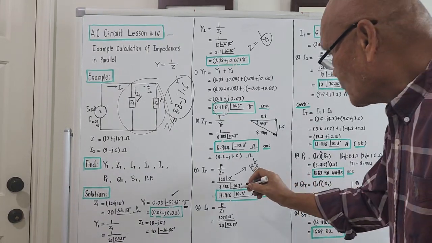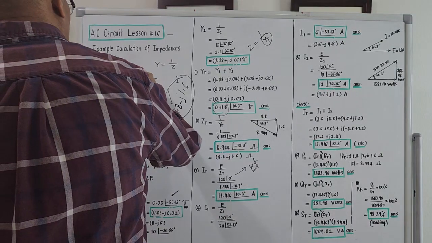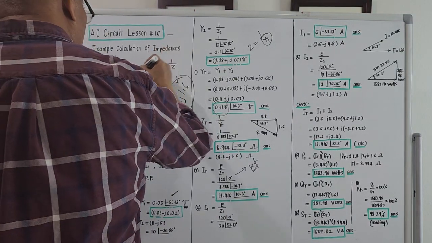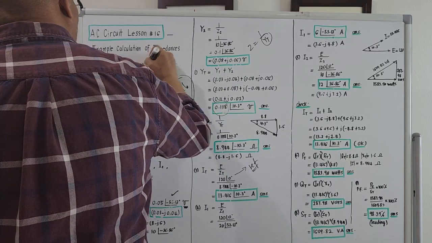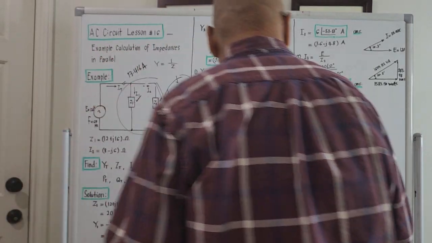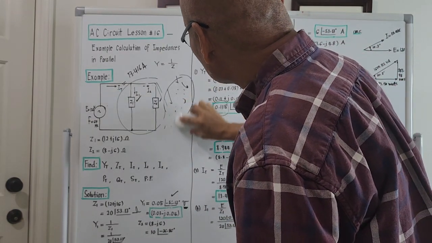So the magnitude of the total current here is 13.416 amperes. Okay, I will try to erase this one because I want to show the current.